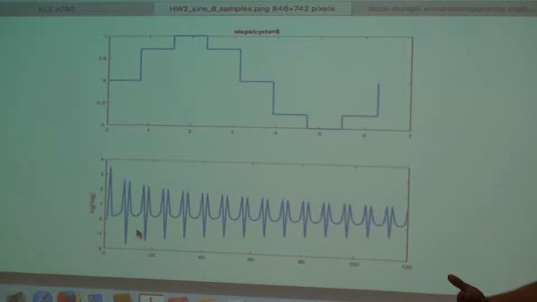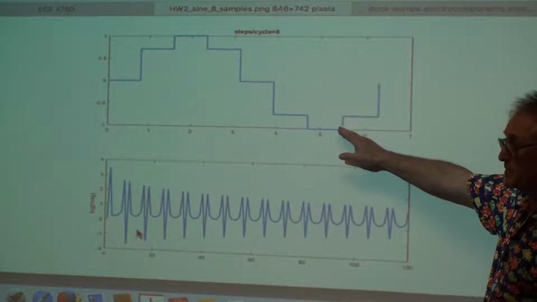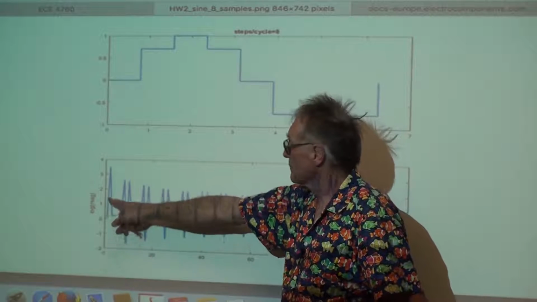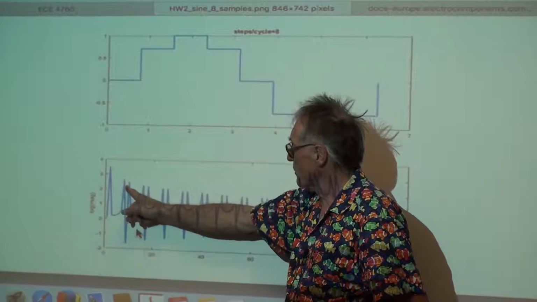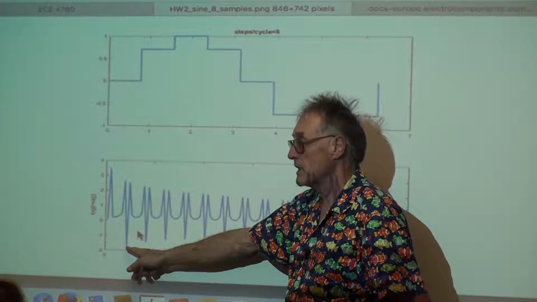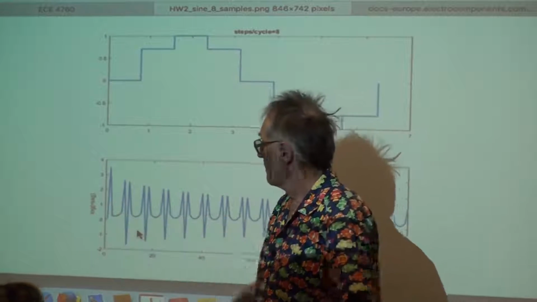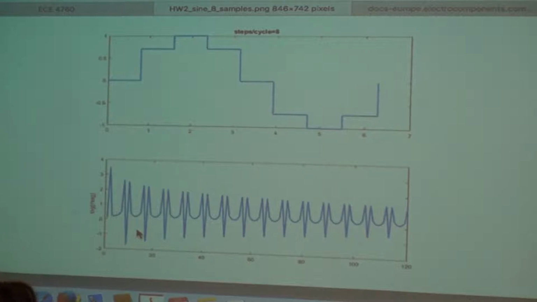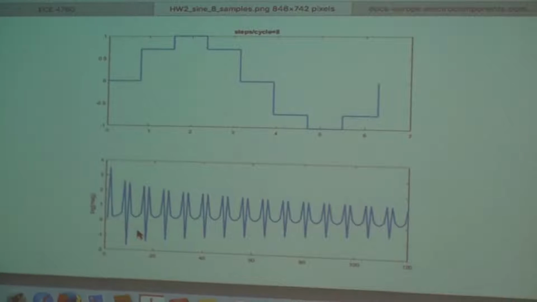So the spectrum that the sampled sine wave represents, when analyzed at a higher frequency, looks like this. There's the fundamental. This is the first error term corresponding to the sample frequency. Is it good enough? What the spec says is that the first error term has to be 20 dBs below the fundamental.